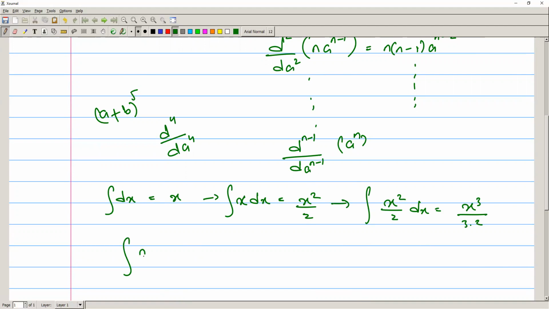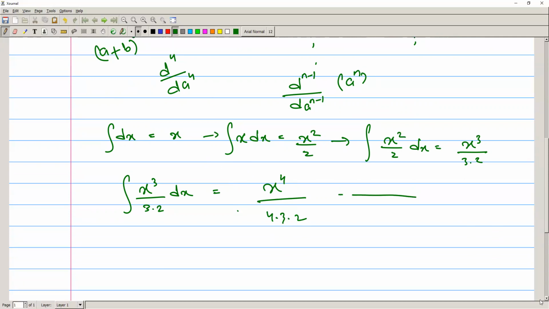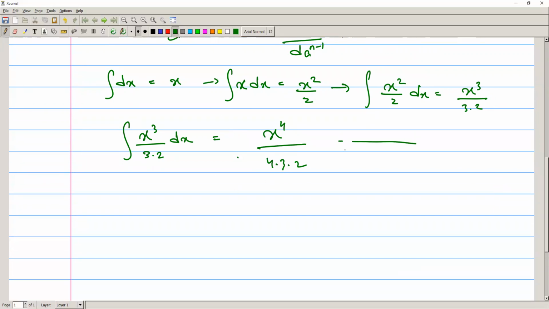And then again, if we take the integral of that, we get x to the power 4 over 4 times 3 times 2, and so on. So we can see here that this binomial expansion is pretty much similar to these integrals and derivatives, right?